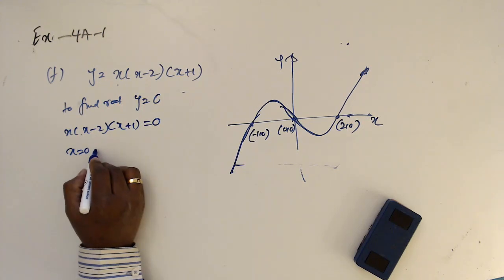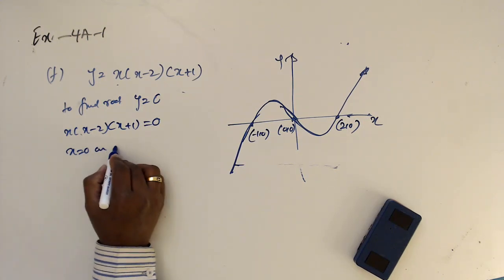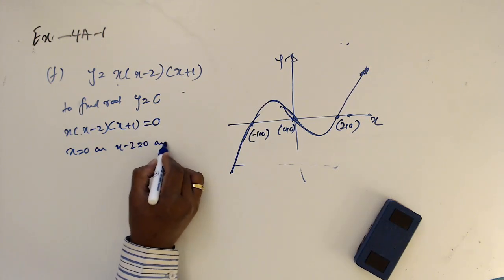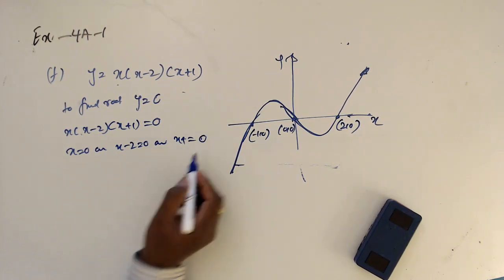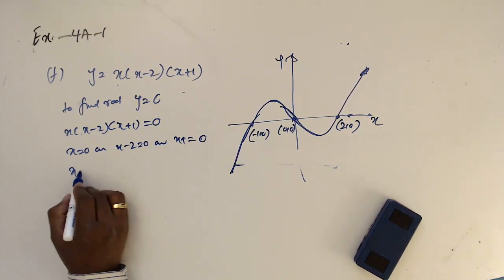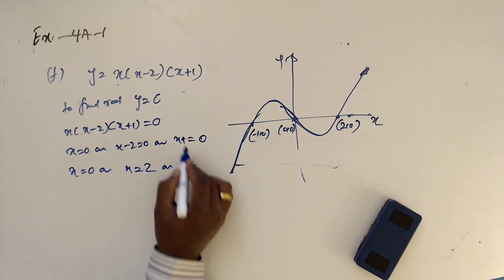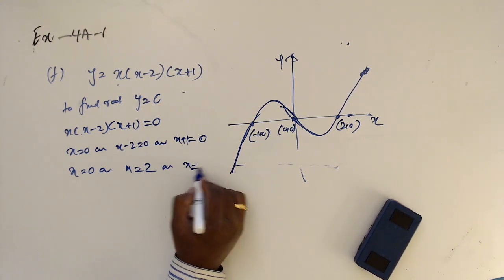So x equals 0, or x minus 2 equals 0, or x plus 1 equals 0. So x equals 0, or x equals 2, or x equals minus 1.